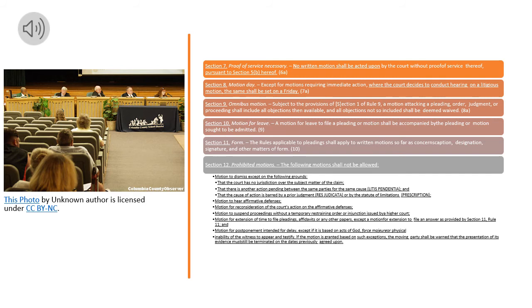Motion for extension of time to file pleadings, affidavits or any other papers, except a motion for extension to file an answer as provided by Section 11, Rule 11, and motion for postponement intended for delay, except if it is based on acts of God, force majeure or physical inability of the witness to appear and testify. If the motion is granted based on such exceptions, the moving party shall be warned that the presentation of its evidence must still be terminated on the dates previously agreed upon.